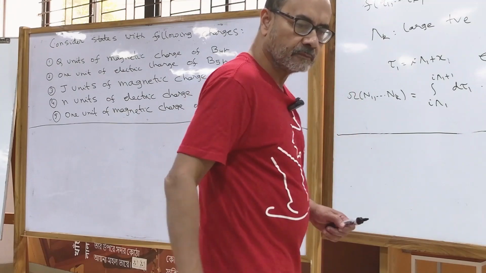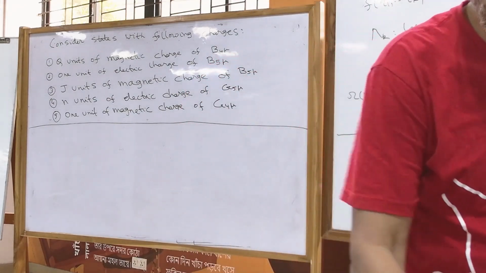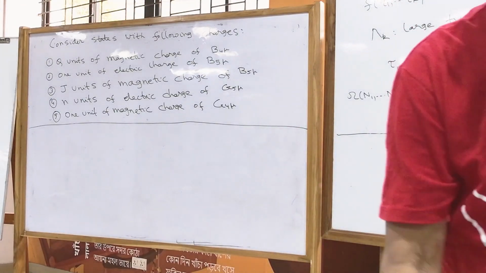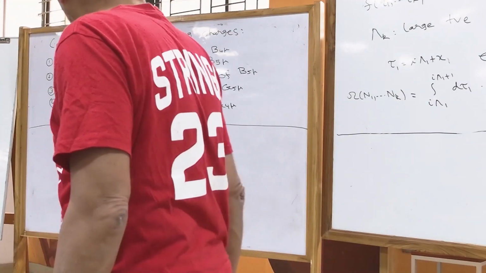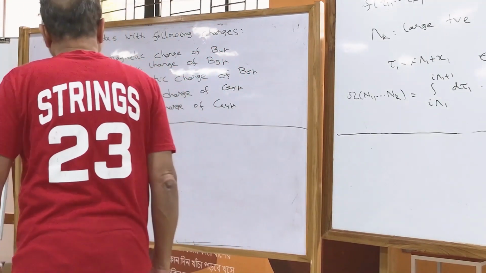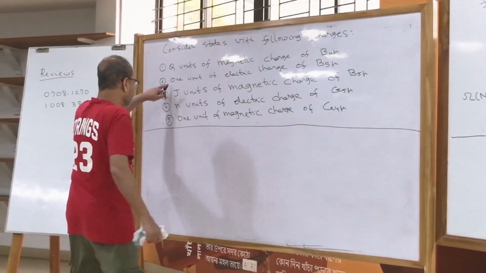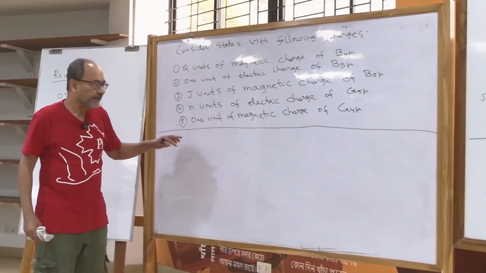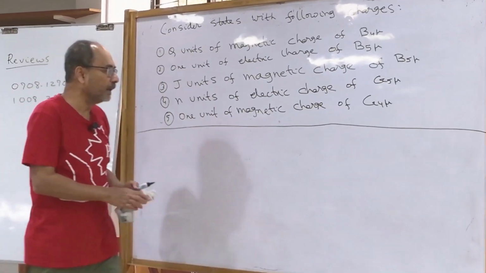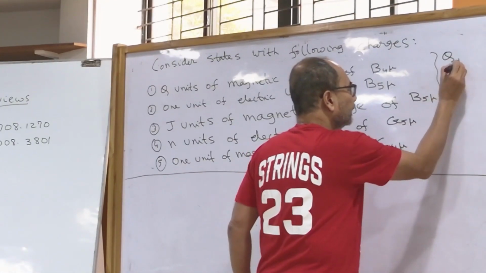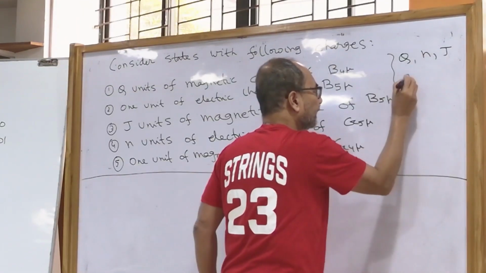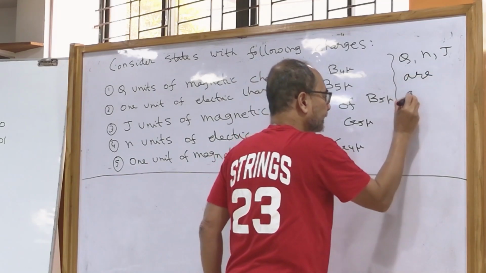So, please explain to the humans out there the enhancer. Yeah. So some charges are 1 unit. The others are arbitrary integers. So Q, N, and J are arbitrary integers.